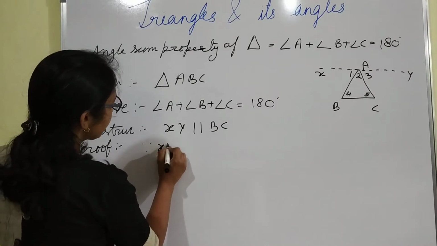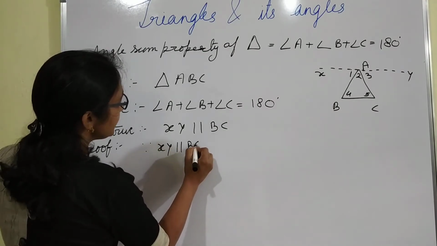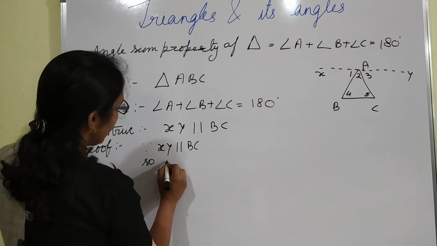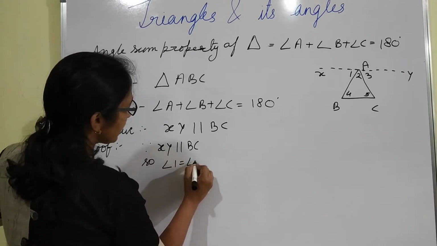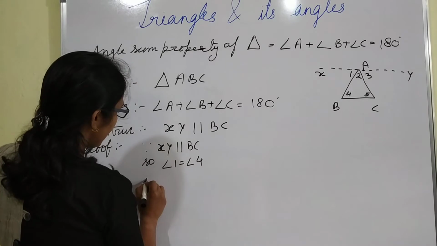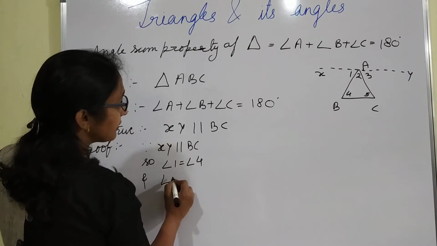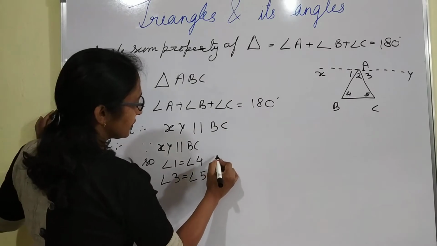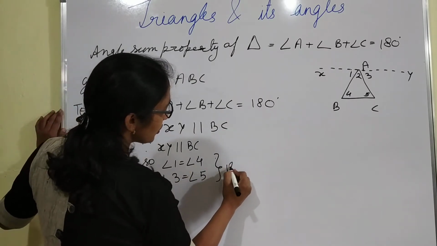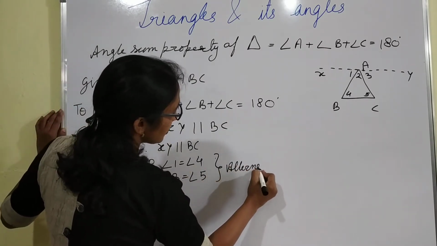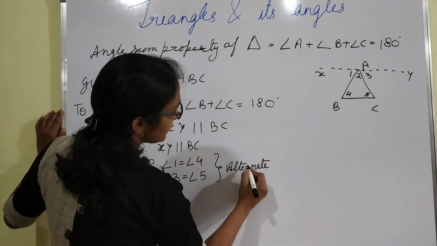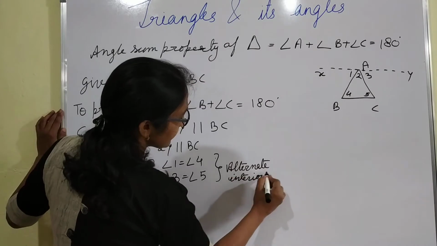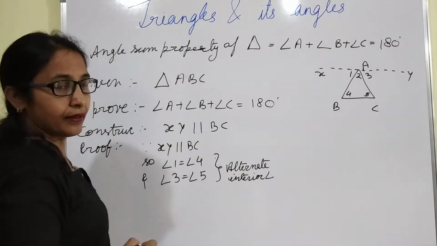Since XY is parallel to BC, so angle 1 equals to angle 4 and angle 3 equals to angle 5. So why is it so? Alternate interior angle.